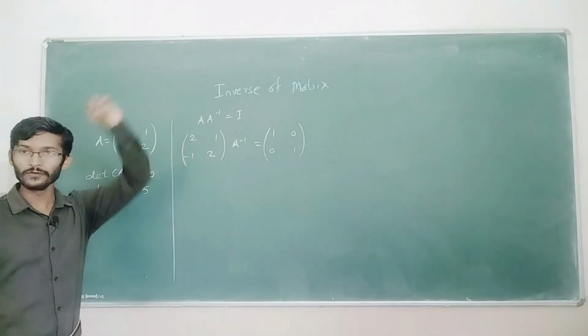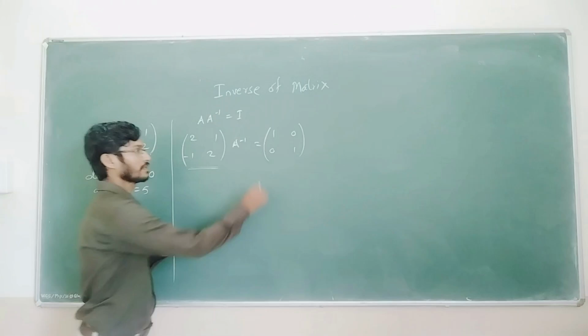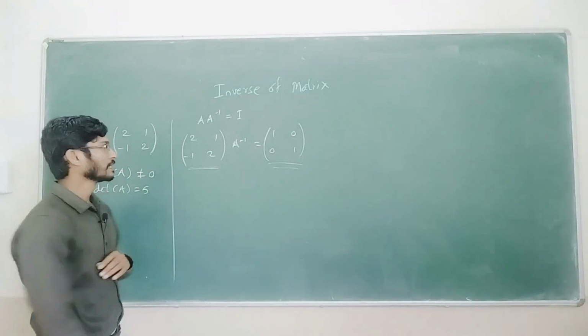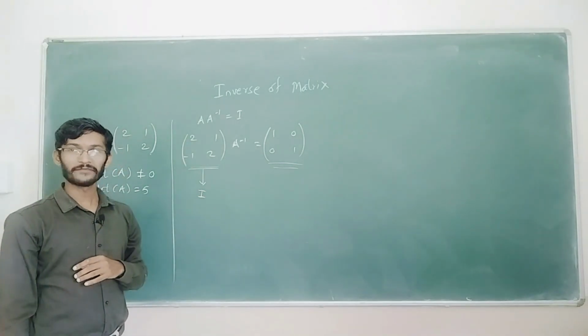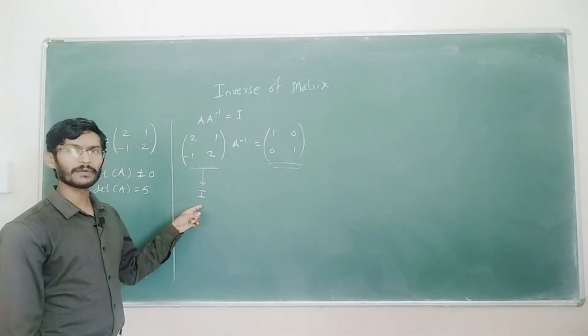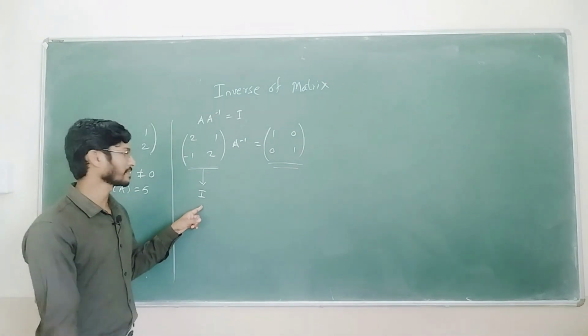Now what will we do? We will make changes in this matrix and in this matrix simultaneously, so that this matrix will turn into the identity matrix. If it becomes the identity matrix, then we know if we multiply any number by 1, the number itself is the answer. The same is true with matrices.